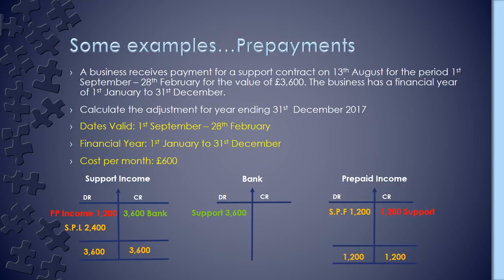Our adjustment is going to be £1,200, so that our prepaid income at the end of 2017 shows the correct amount, and our support income at the end of 2017 will show the money that is relevant to that year. So that's two examples of the prepayments, the prepaid expenses previously and the prepaid income just now.